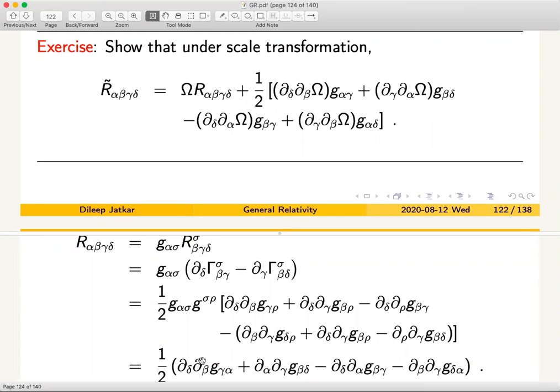The first thing that you notice is that when you write down a Riemann tensor with all covariant indices, it involves only the metric with covariant indices, and that is it, nothing more. So if you do a local rescaling of the metric, then the Riemann tensor to Riemann tensor relation has to have a factor of omega there, because imagine that you replace this g by, say, omega times some g prime.